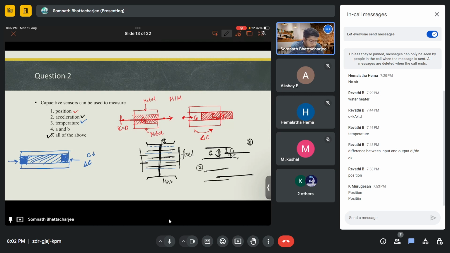The total C will remain the same, while there is a change in C1. C1 changes with respect to this movement, and C2 changes as well. By calculating this change in each of the arms, we can measure the amount of acceleration the device is gaining.